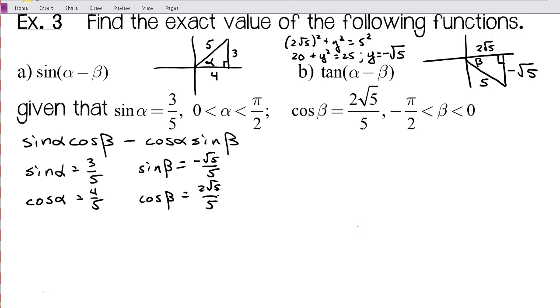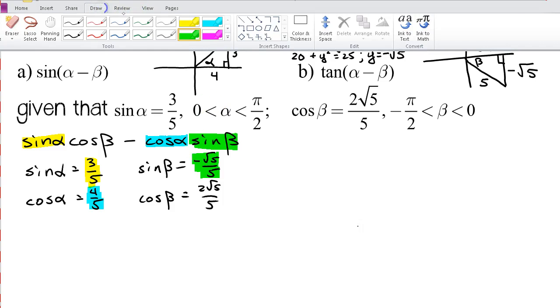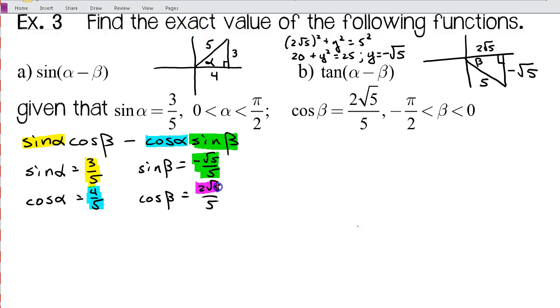Now I can take these numbers. I've got the sine of alpha, I'm going to replace it with that. I've got the cosine of alpha over here, I'm going to replace it with that. I've got the sine of beta, which I'm going to replace over there. And the last one, I have the cosine of beta, which is going to go over here.